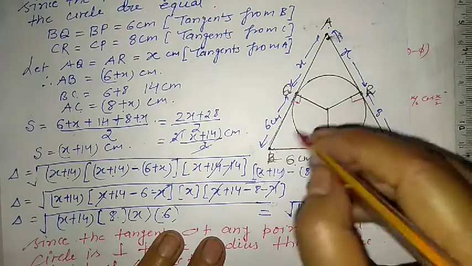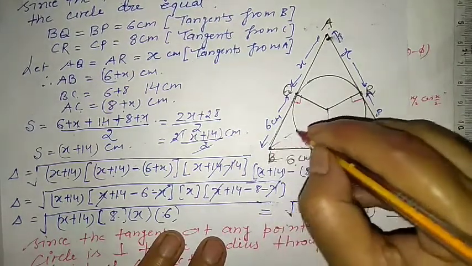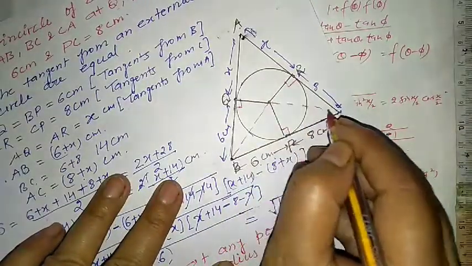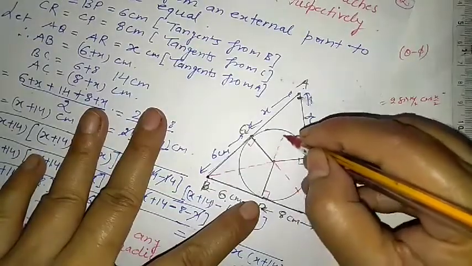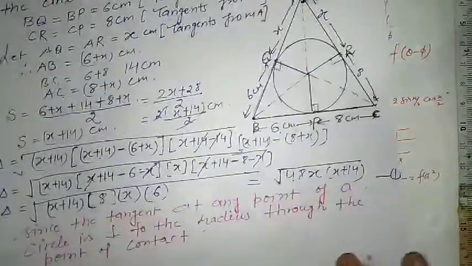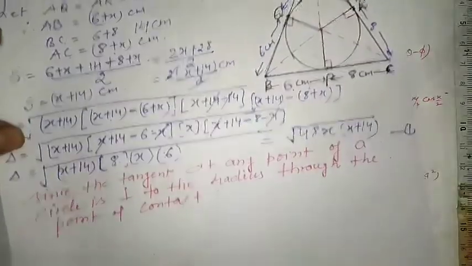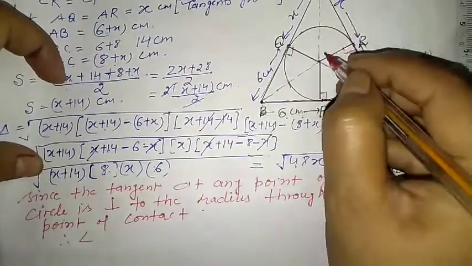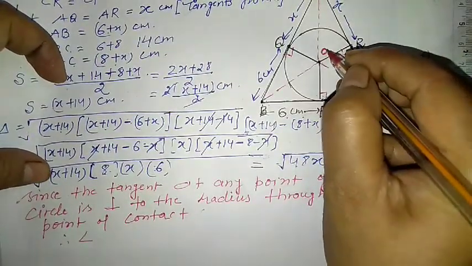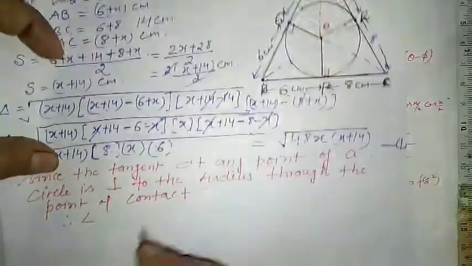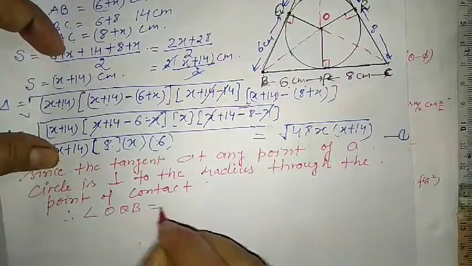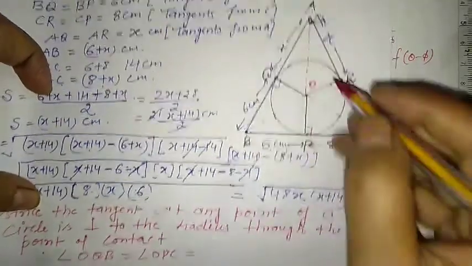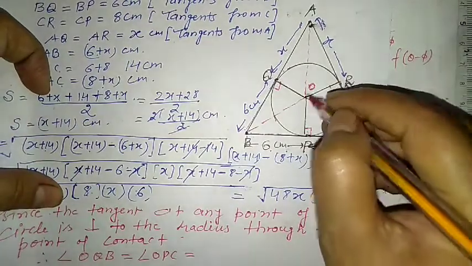So what we are going to do, we join here these points, this point to C and this point to A. So we will join here. So all these angles: angle OQB is equal to angle OPC and angle ORA.